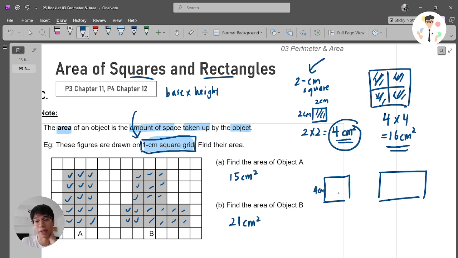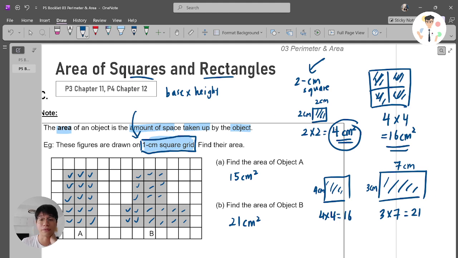So what will be the area here? 4 times 4, which is 16. Example, if I have a rectangle, I say here is 3 cm, here is maybe 7 cm. So what will be the area here? 3 times 7, which is 21 cm square.